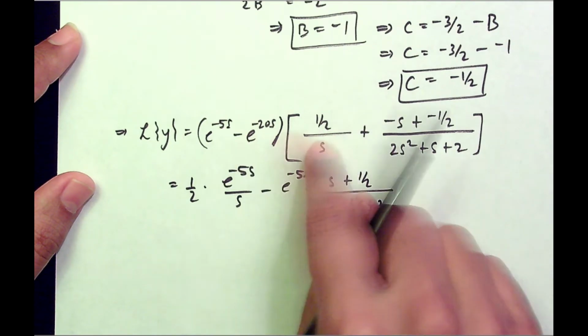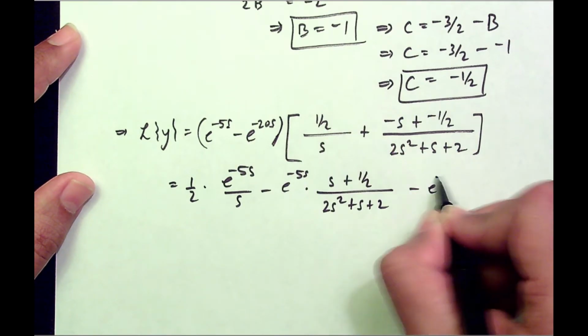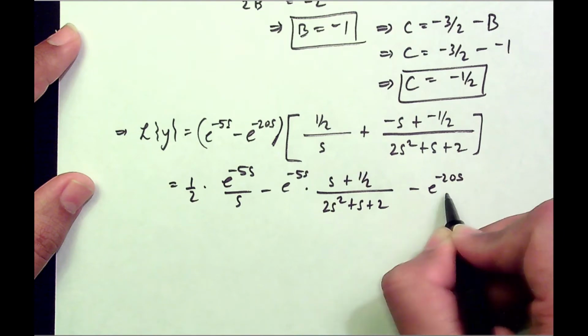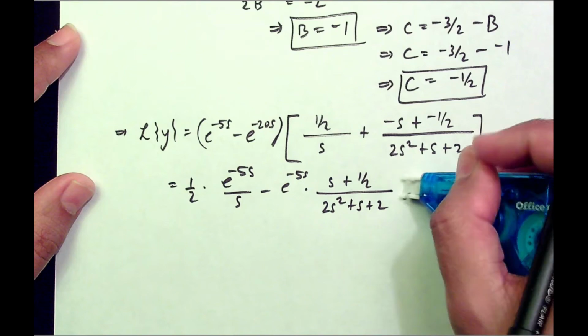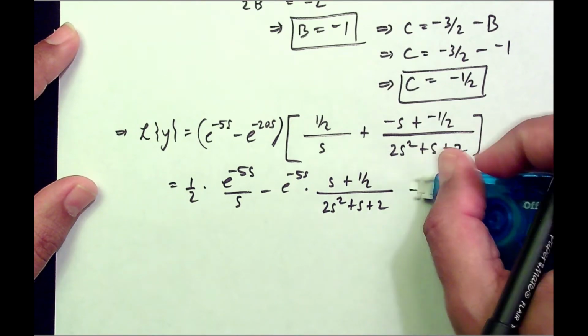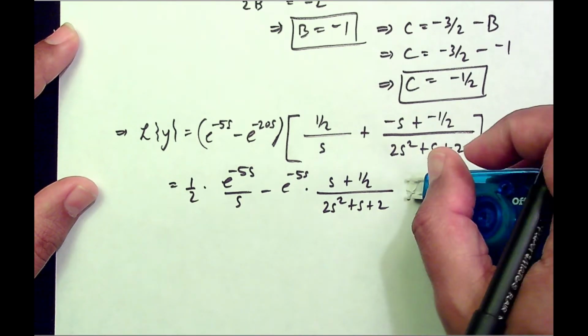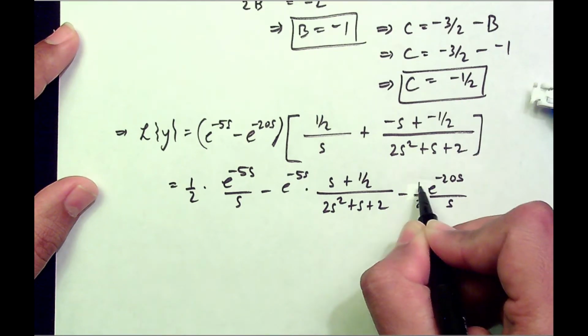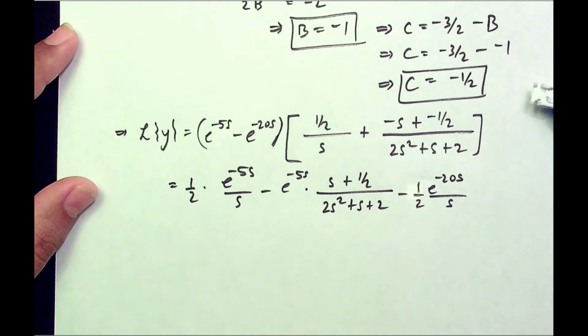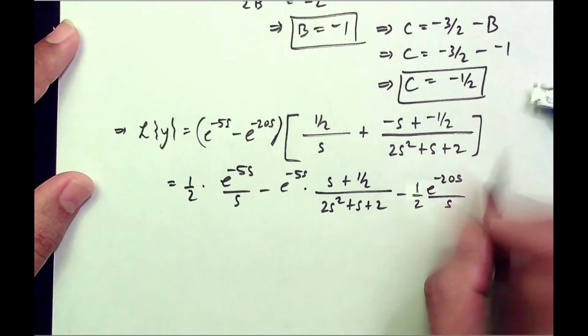Now this times that: minus e to the negative 20s over s and the 1/2. I'm going to write that now. So minus minus 1/2 is plus 1/2. And lastly, this times that one.